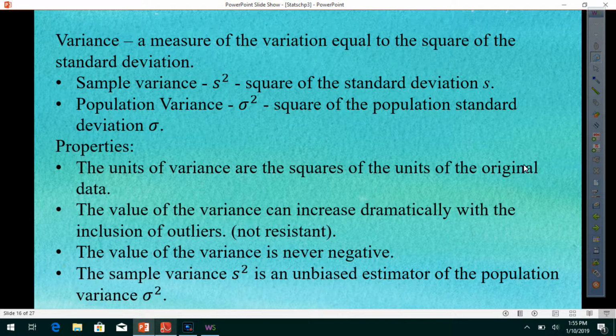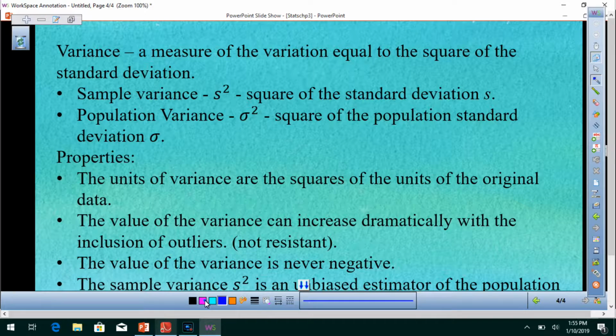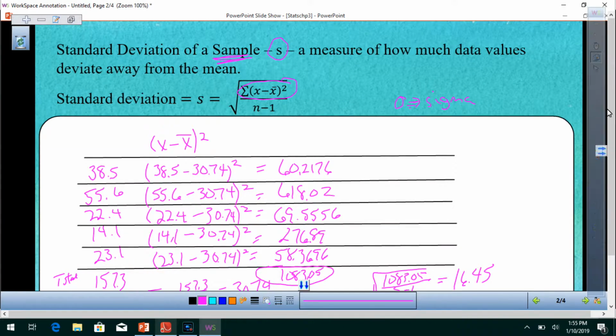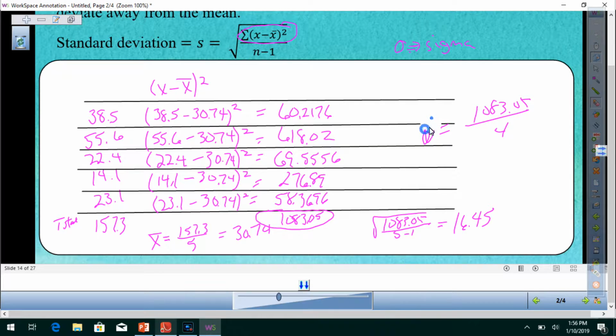If we go back here, that was 1083.05 divided by 4. That would have been the variance, or S squared.